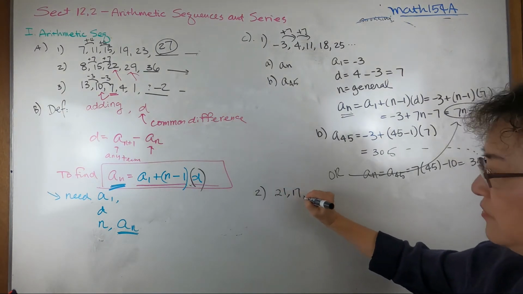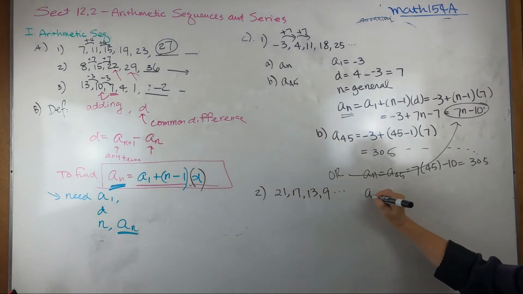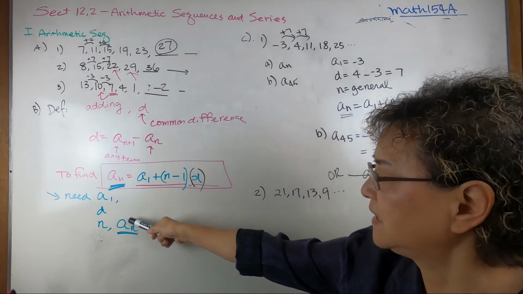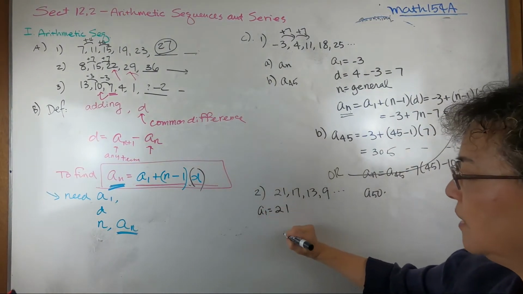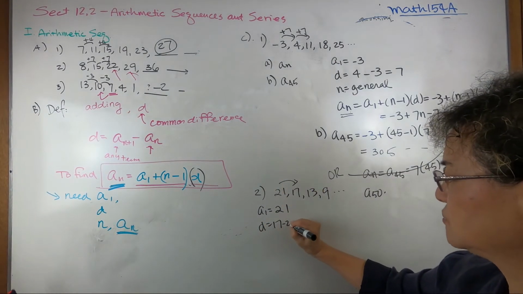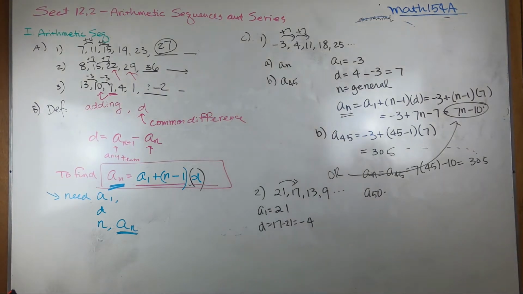Next one, if you have this, we want you to find the A50. So for finding A50, what's your A1? 21, right? What is your D? The difference. 17 minus 21 is -4. Remember, it's negative. Okay, you need to make sure your signs are correct.